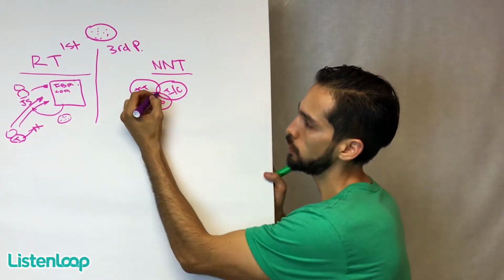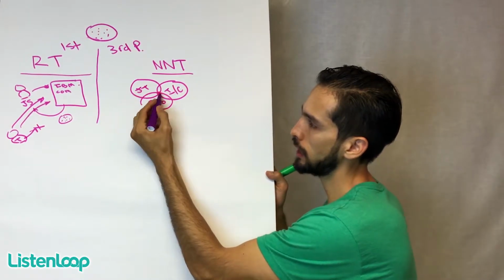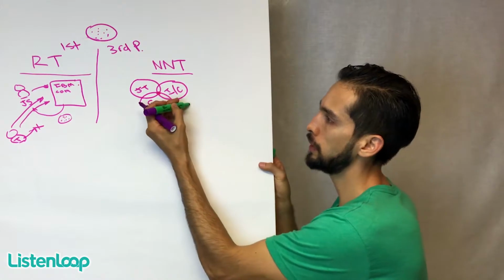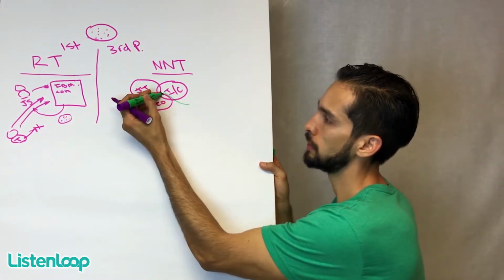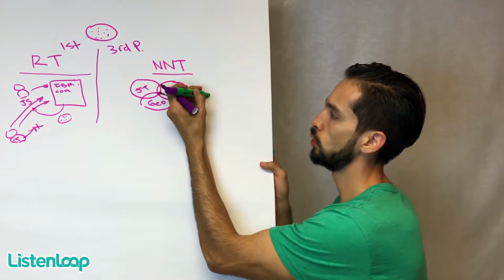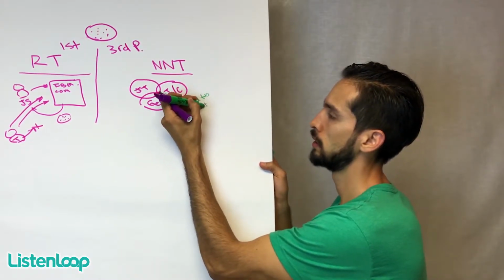Now what we do is we triangulate and find this little tiny area of overlap that represents your target company with a specific job title and advertise to that account.